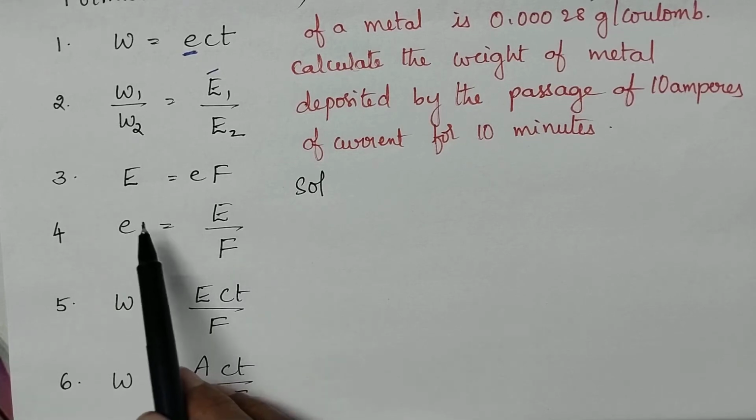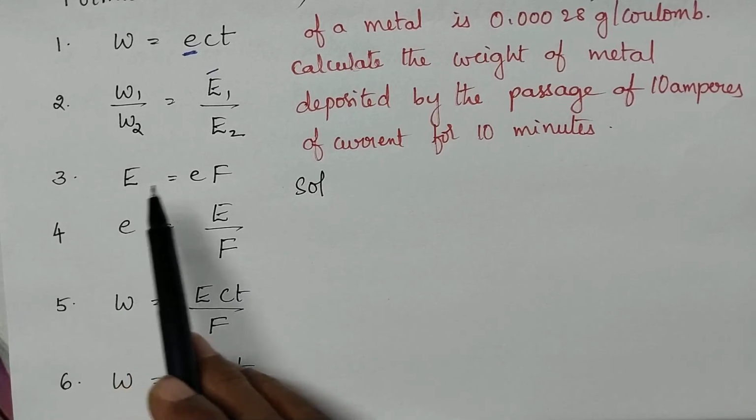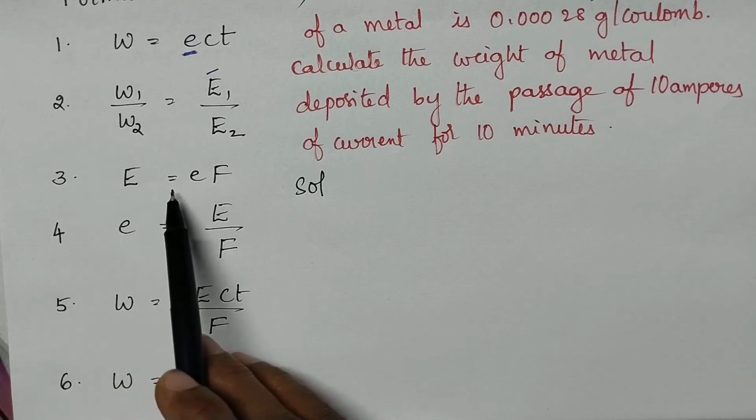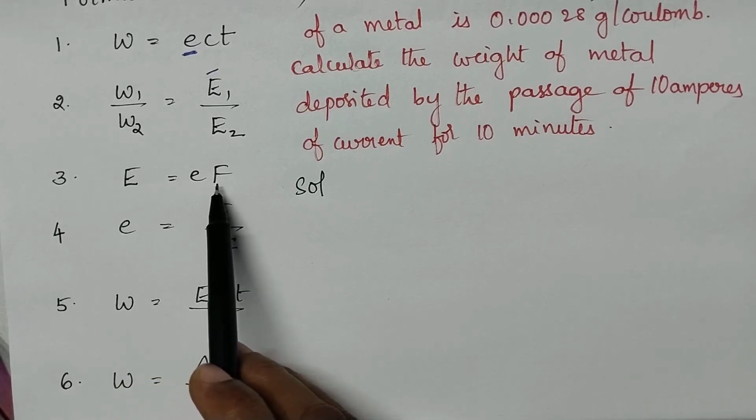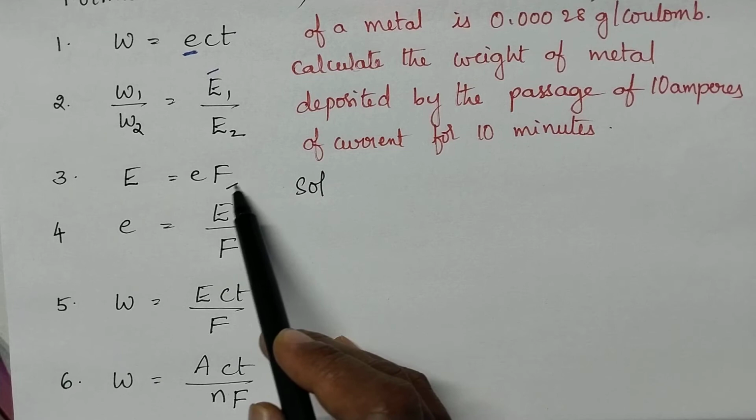Coming to the relation between capital E and small e, capital E is equal to small e into F. Here F means Faraday.